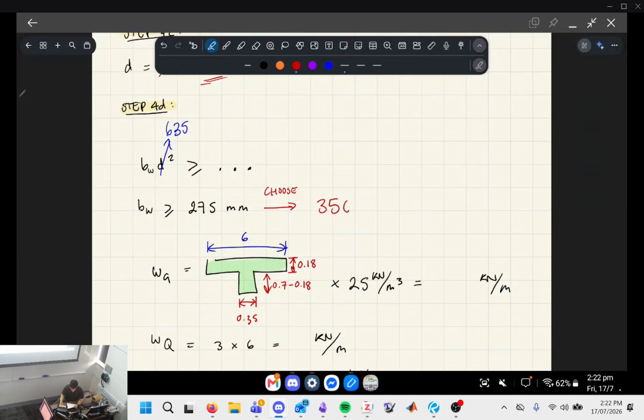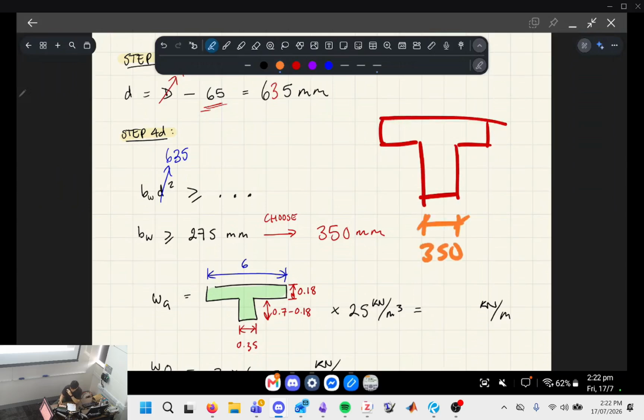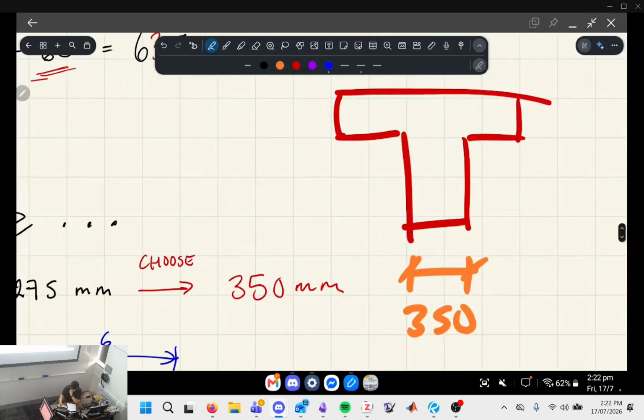The reason for this in this particular question comes more from a reinforcement detailing step later. If you imagine a T-beam like so, we're choosing this dimension, 350. When we choose the reinforcement, let's say we pick 3 bars of tensile reinforcement.